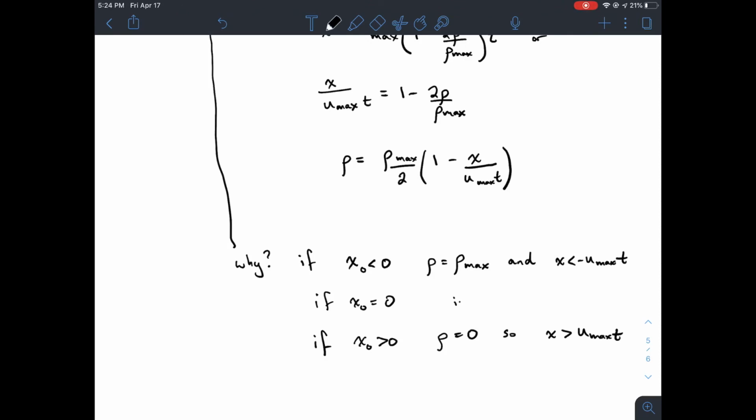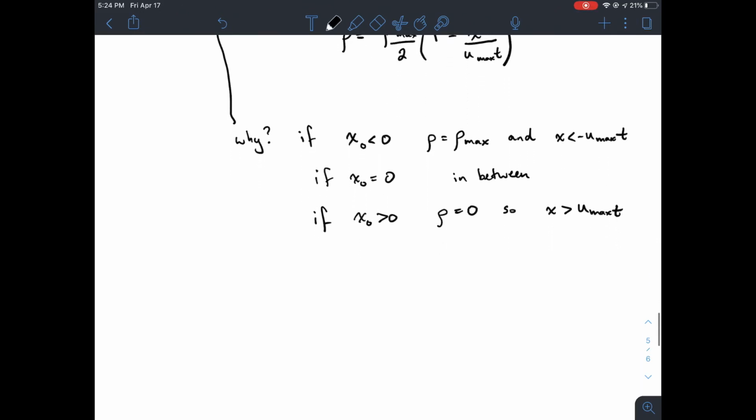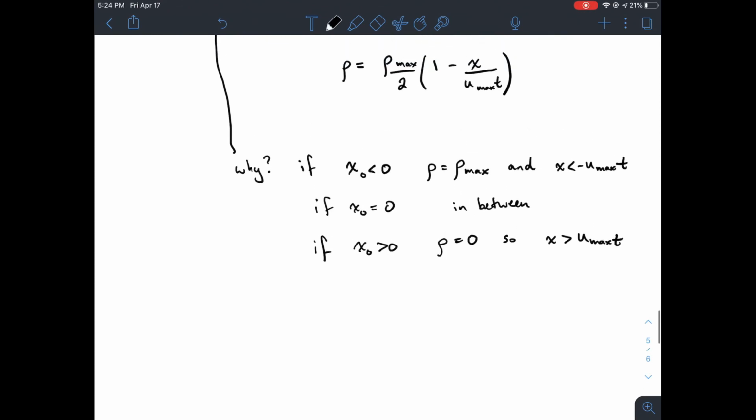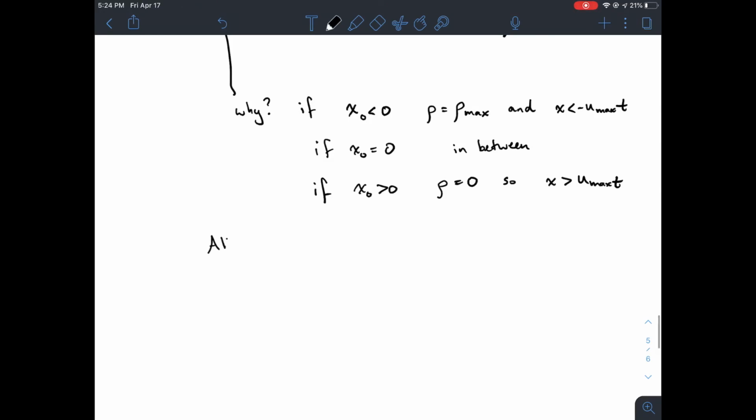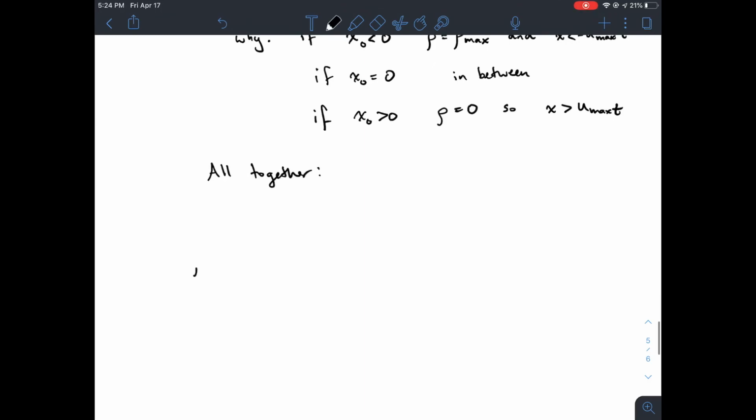And that's going to be in between those 2 characteristics. So let me write up the answer, and then we'll talk a little bit about what we all have together if I look at this. Okay.